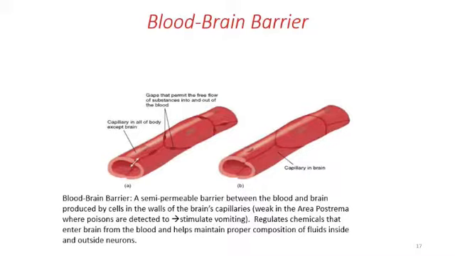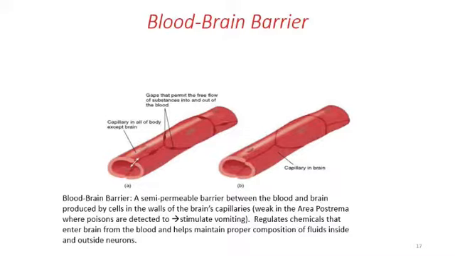Now, the blood-brain barrier is a semi-permeable barrier between the blood and the brain. There's a weakness in one area of the brain called the area postrema, and that's by nature's design. This weak area allows toxins to seep through and stimulate the neurons in the area postrema, and that stimulates a vomiting reflex for the organism to try to get rid of the contents or the toxins that they ingested.